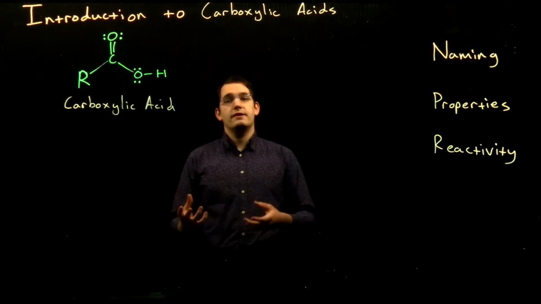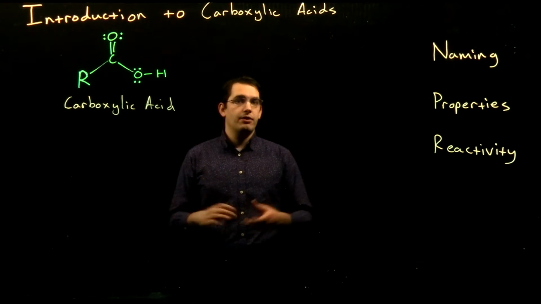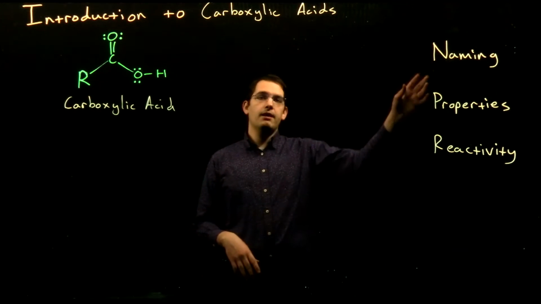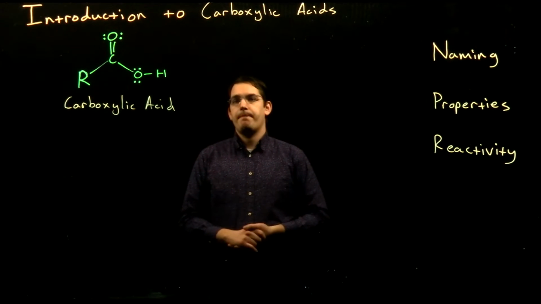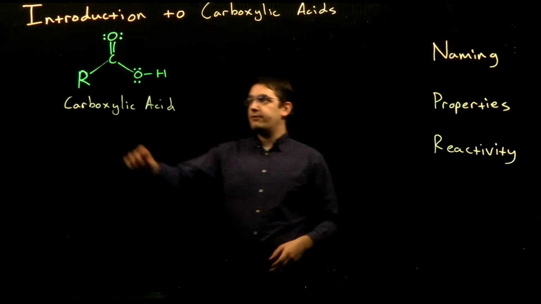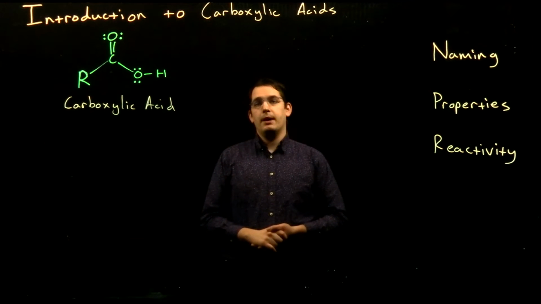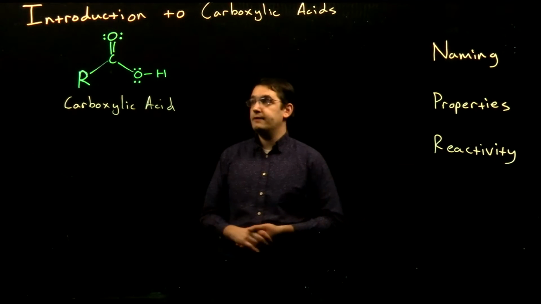In order for us to understand what carboxylic acid does in all these various biological molecules, we need to again learn about the naming, properties, and reactivity of this functional group. Our carboxylic acid, of course, contains that carbonyl unit of our carbon double bonded to oxygen, which we've previously seen in our ketones and aldehydes.